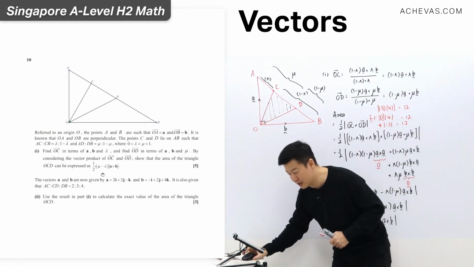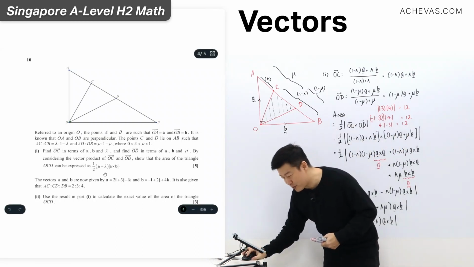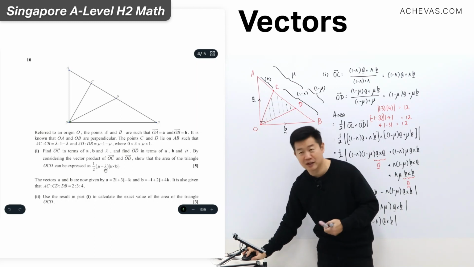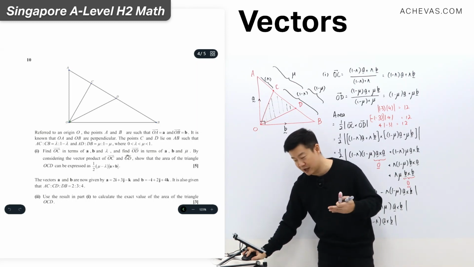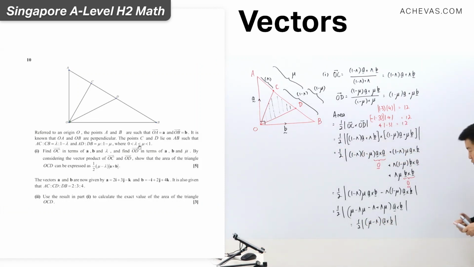I go back to the question again. I'm not saying that this is difficult, it is just something that I want to be aware of. Is there any way for me to determine whether mu minus lambda is positive or negative? It is here. This says that mu is bigger than lambda. So I know that mu minus lambda is bigger than 0. Because mu minus lambda is a number bigger than 0, this is given by the question. Therefore, I know that this can be written as half of mu minus lambda modulus of A cross B.